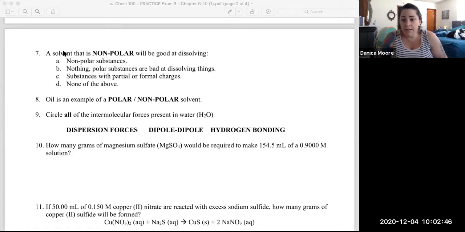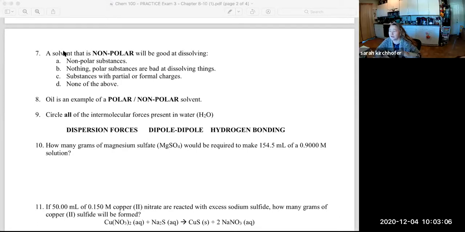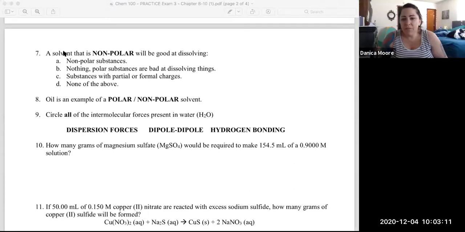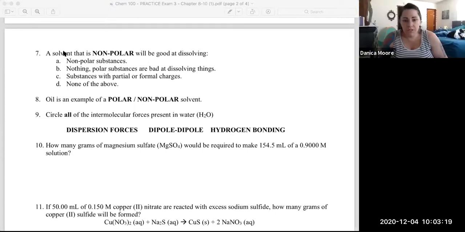So sodium chloride is ionic, so it's going to want to dissolve in polar solvents. Example of a polar solvent would be water. Exactly. Does that make sense, guys? Yes. I had to go back in my brain, but yes. No worries. That's okay. Is everybody kind of comfortable with those? Cool. Any questions about that material?